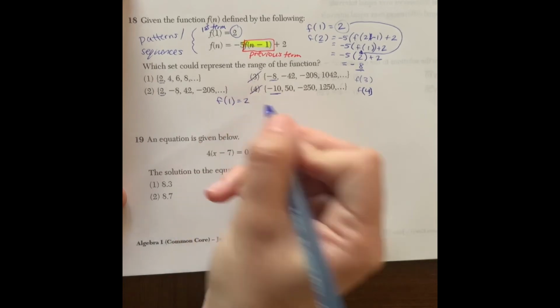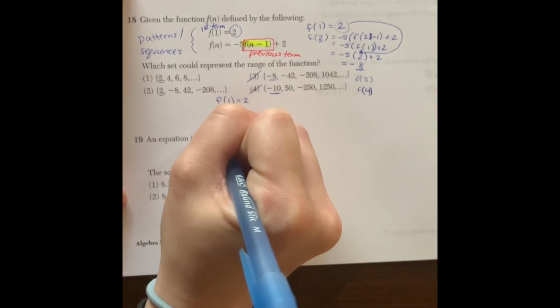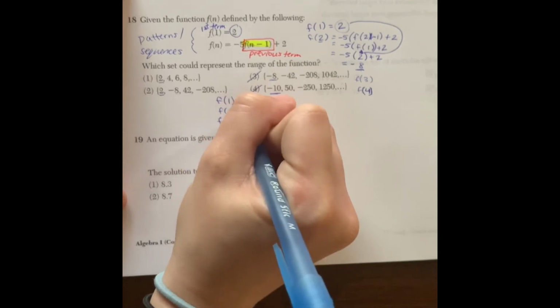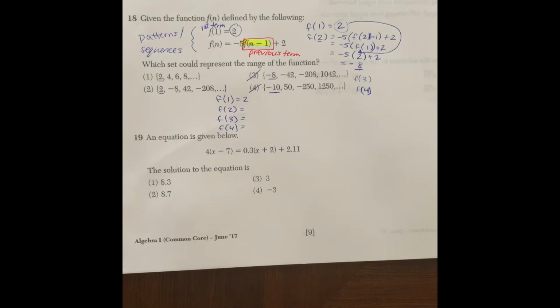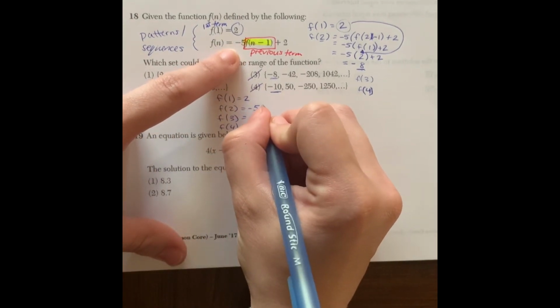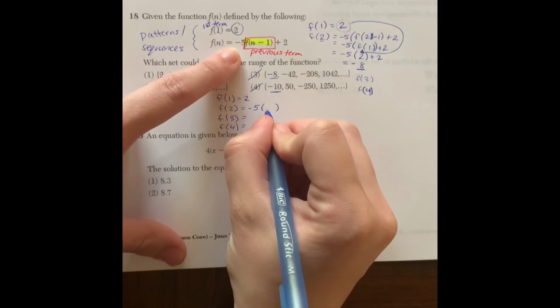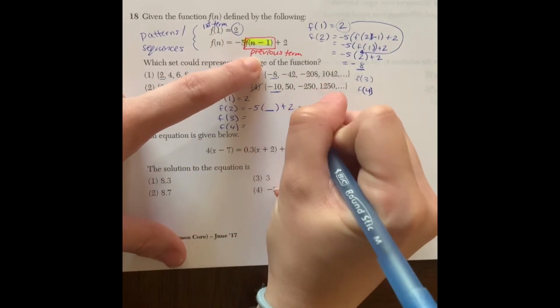F of 1 equals 2, right? So I'm going to find f of 2, f of 3, and f of 4 because there are 4 terms in my choices. So I'm going to set myself up using this formula. I do negative 5, parentheses, I'm going to be multiplying something in here, right? The previous term, plus 2.